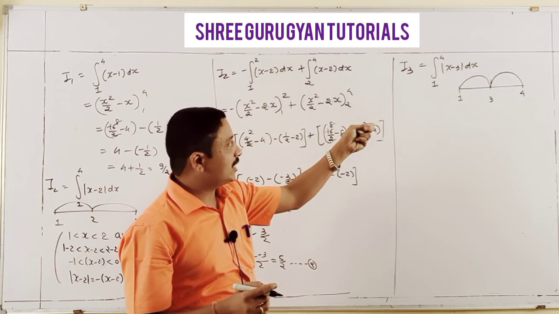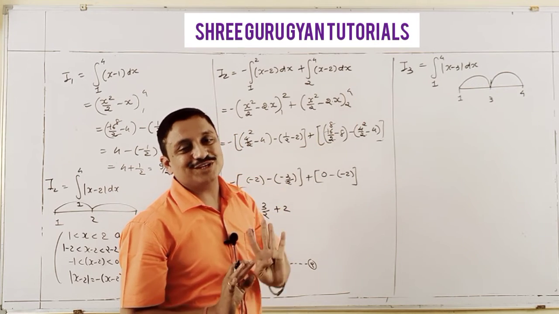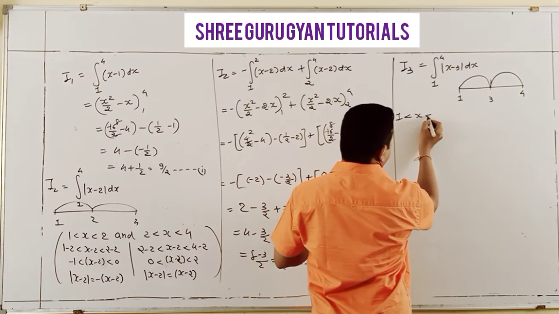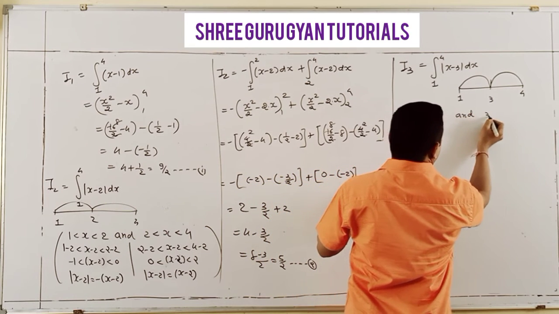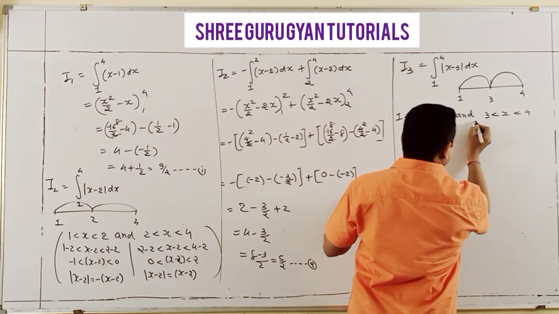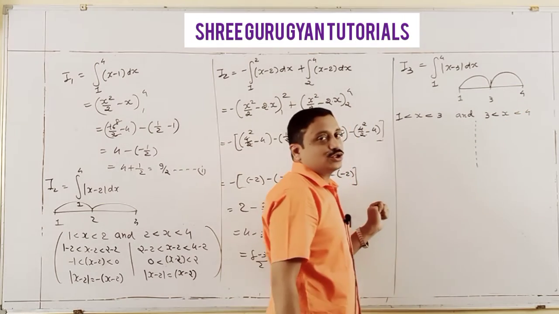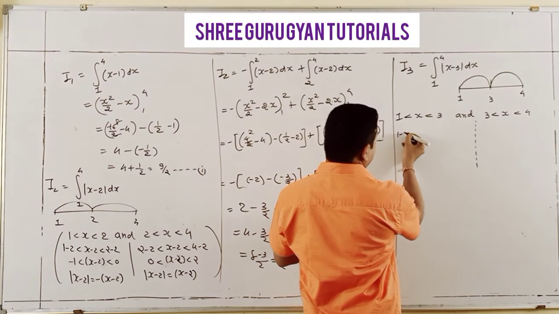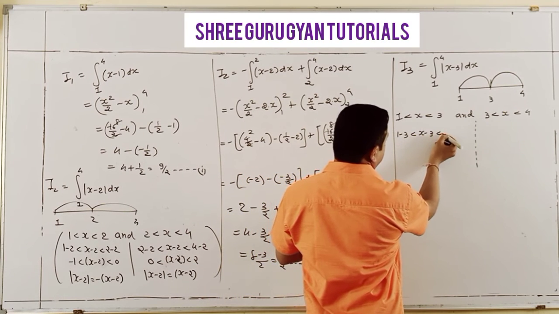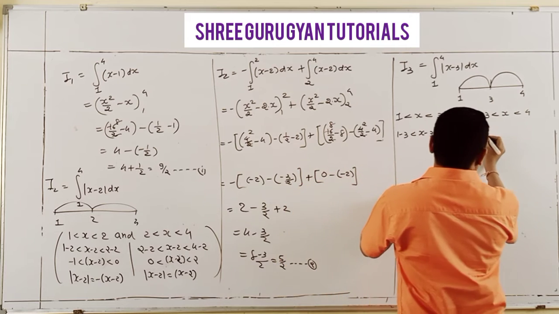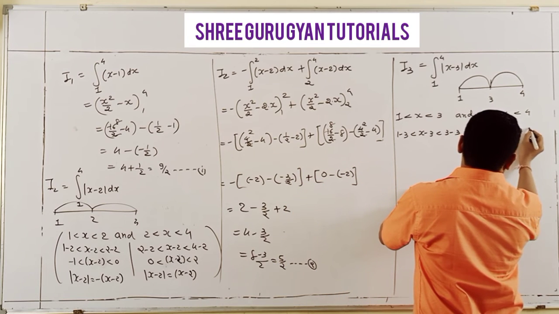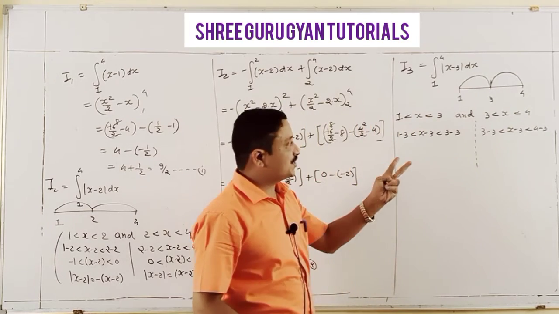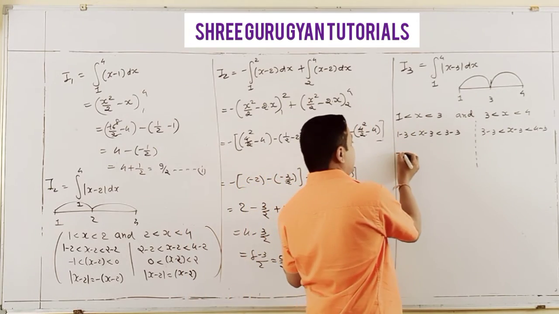Yes, 1 to 3 and 3 to 4, because x minus 3 equal to 0, then x equal to 3. So one case 1 less than x less than 3, and 3 less than x less than 4. I want x minus 3, so subtracting 3 here, I get minus 2 to 0.